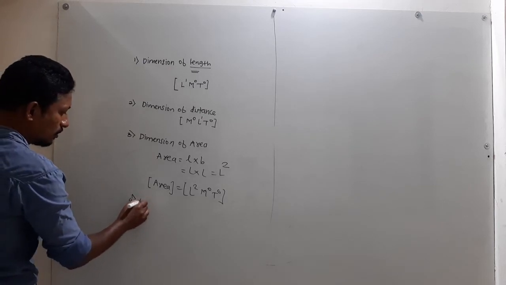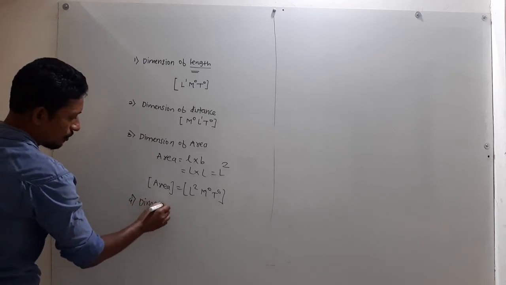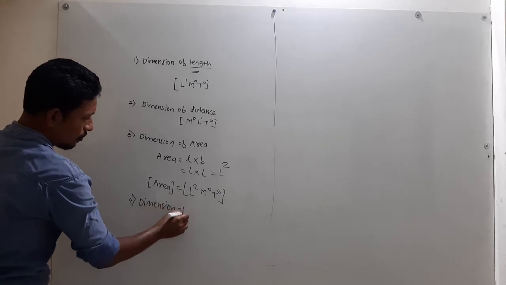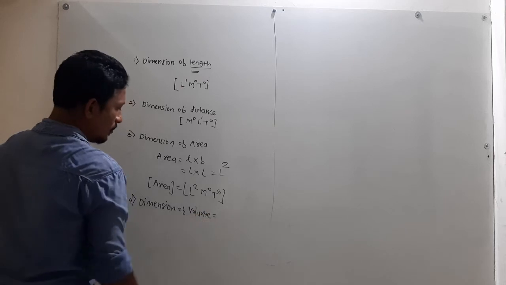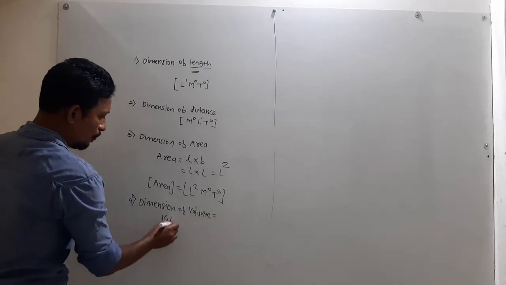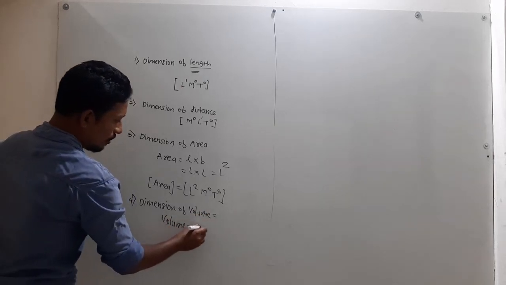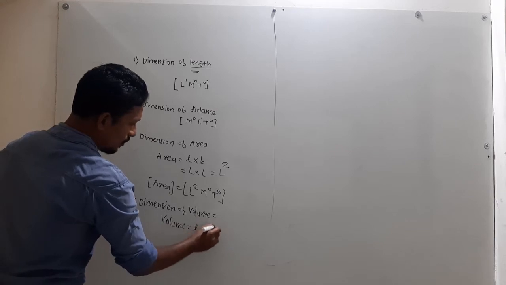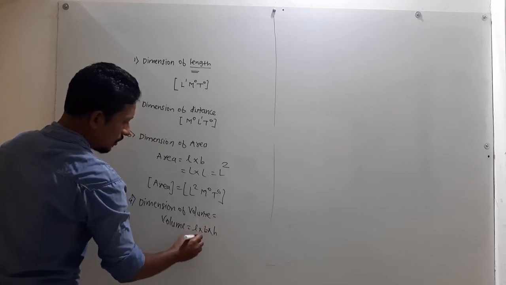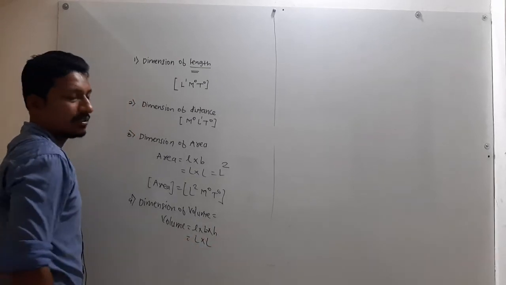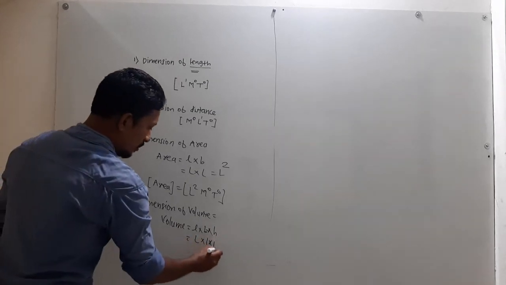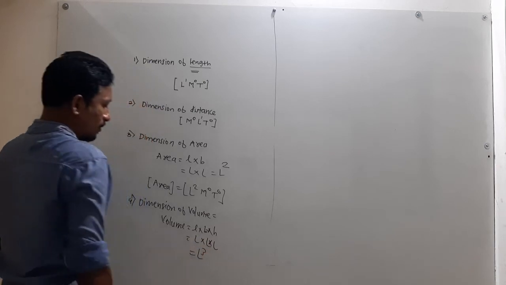Fourth, dimension of volume. Which is the formula of volume? Length into breadth into height. Length is length, breadth again is length, height is again length, that is L cube.